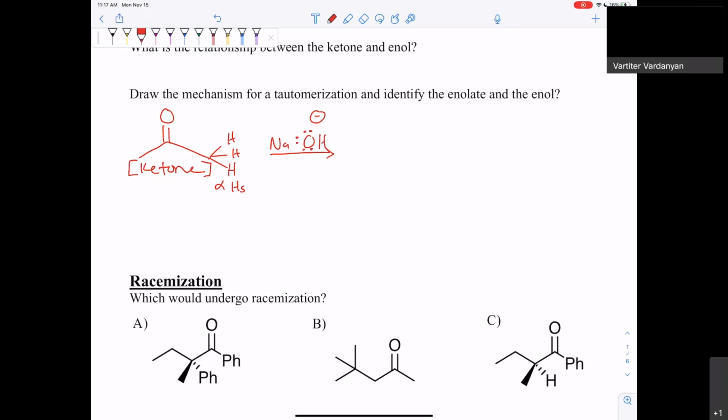That base is going to go in and take an alpha hydrogen. There you go, bam, bam. And all we did was steal a hydrogen and give it a negative charge.